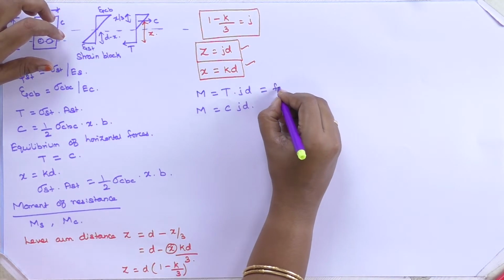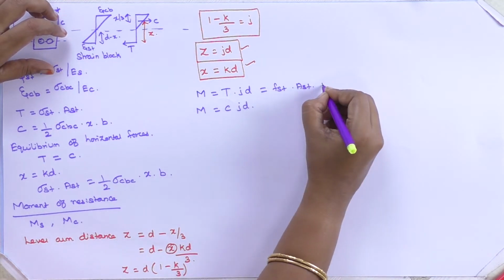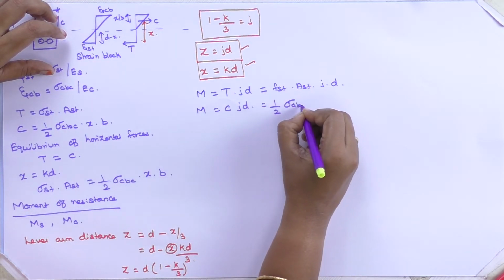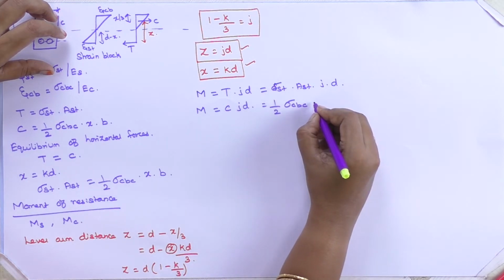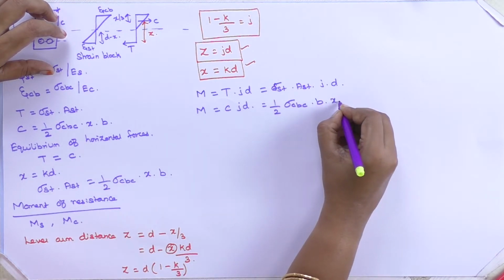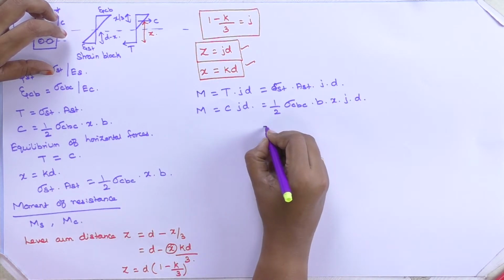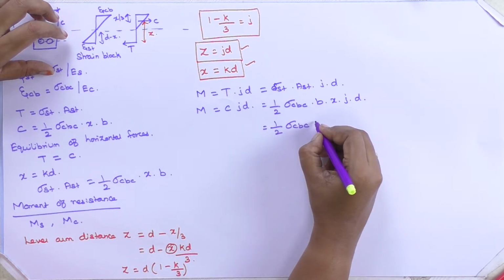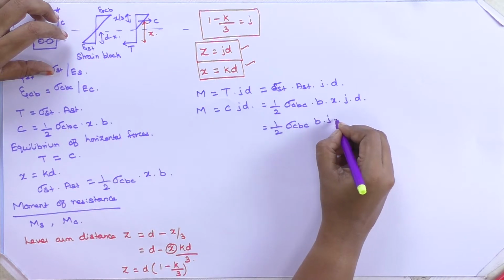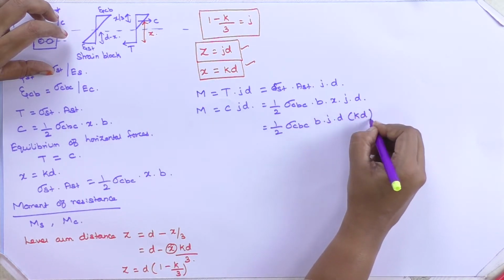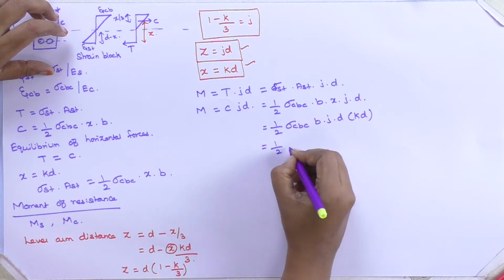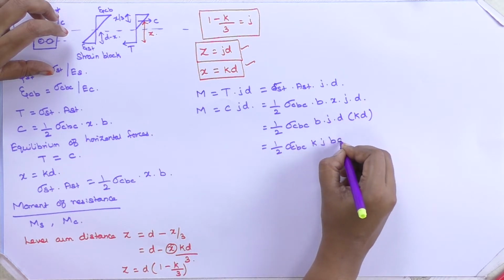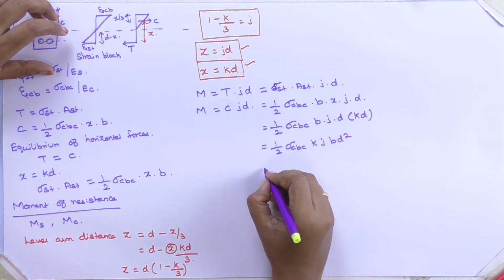Here we can write FST, AST into J into D. Here half sigma CBC B X into J into D. Here we can write it as half sigma CBC B J D. X we can write it as K into D. That's why half sigma CBC K J B D square.